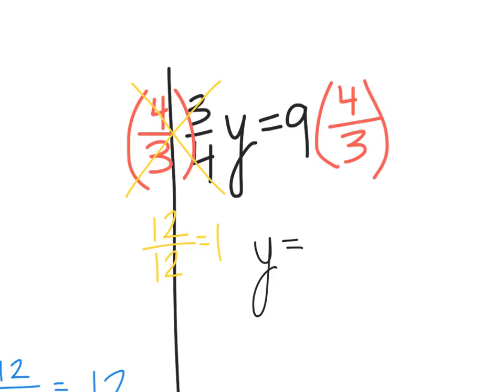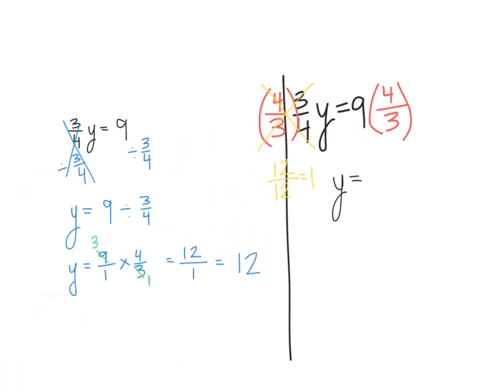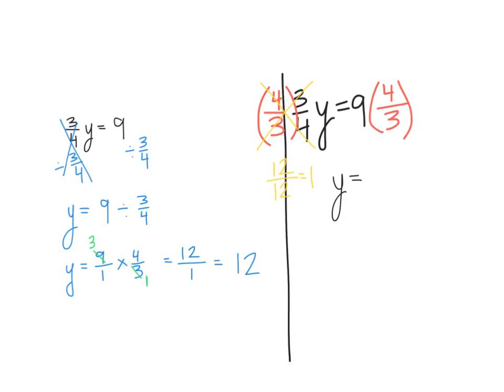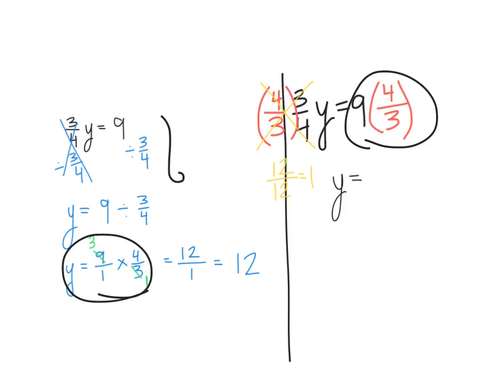So in this case, you can skip a lot of the steps and you can jump straight to this step right here, where we did 9 times 4/3. That's what we're doing here, 9 times 4/3. So you get to skip all of these steps right here if you want to.